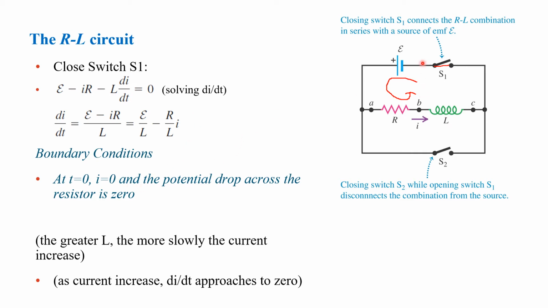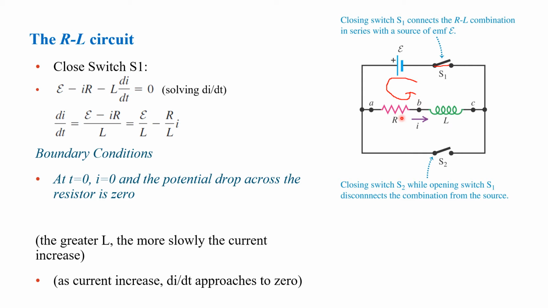So again, the moment you close the switch, your inductor opposes the sudden change in your current. At time equals 0, the current I is equal to 0, and the potential drop across the resistor is actually 0. We don't have any current here yet.